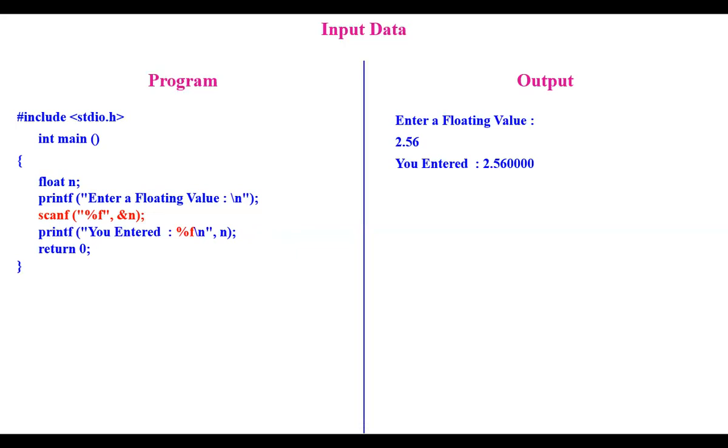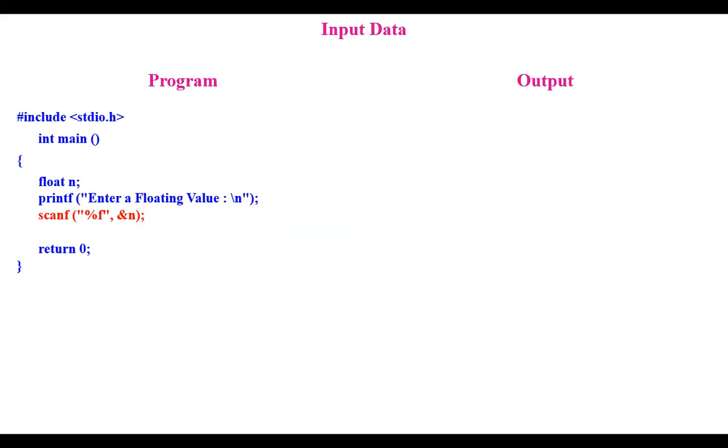So you must take care of the way you want the output. Suppose I say %0.3f, which means I want only 3 digits after the decimal point. Let us see how the output will be. Enter a floating value.